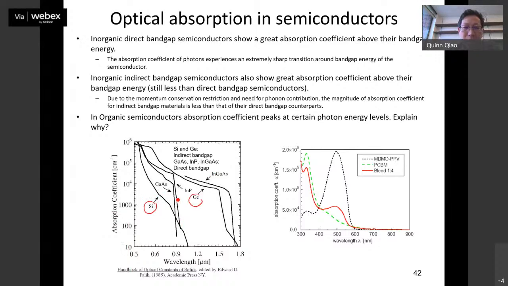Then you have gallium arsenide, indium phosphide, and also indium gallium arsenide. If you compare silicon with gallium arsenide, the absorption coefficient of gallium arsenide is much higher, from 10 to the power 5 to 10 to the power 4. But for silicon, it's 10 to the power 4 or 10 to the power 3 in this period. See, there's a gap here.